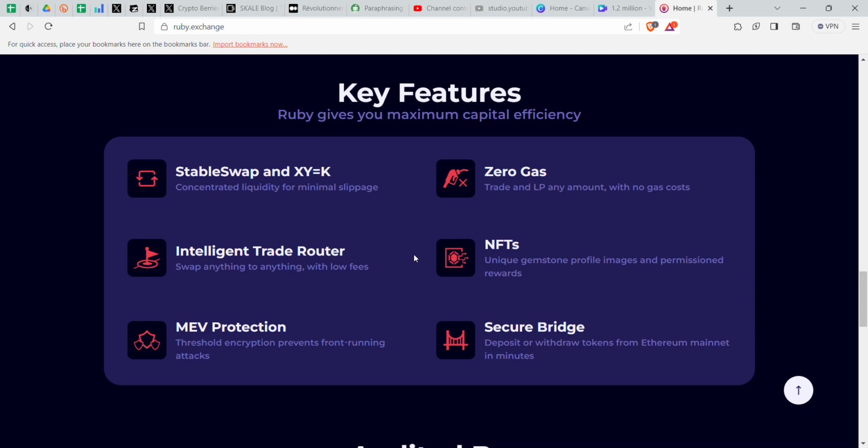There is also a secure bridge on the DEX. You can deposit and withdraw tokens from Ethereum mainnet just within minutes. So if you are looking for a way to bridge across networks, you can utilize Ruby Exchange in carrying that out.